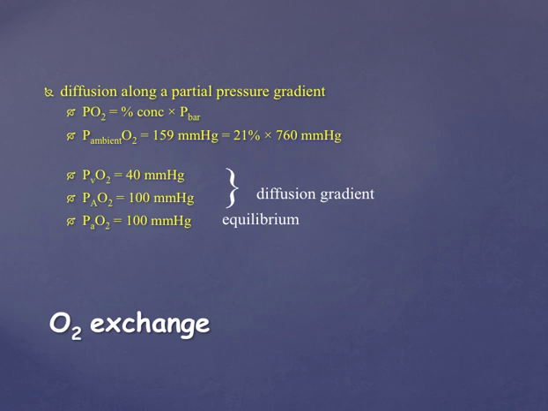So the first and the third, the ones with the subscripts that are lowercase, refer to the blood. Venous blood, arterial blood. And now if you look at the numbers, blood coming back to the heart has 40 millimeters of mercury worth of oxygen, but when it leaves, it has 100 millimeters of mercury. So it has picked up oxygen in the lung.